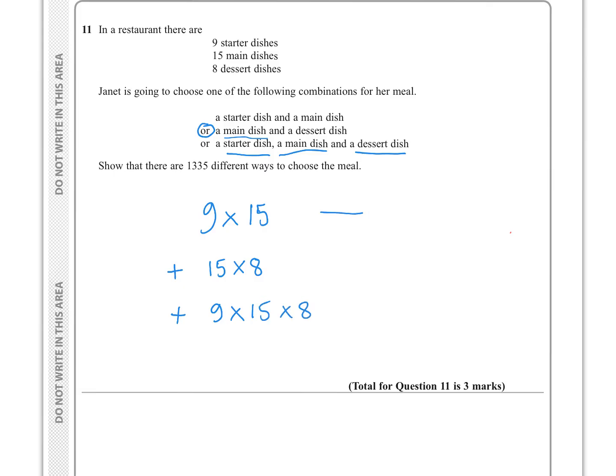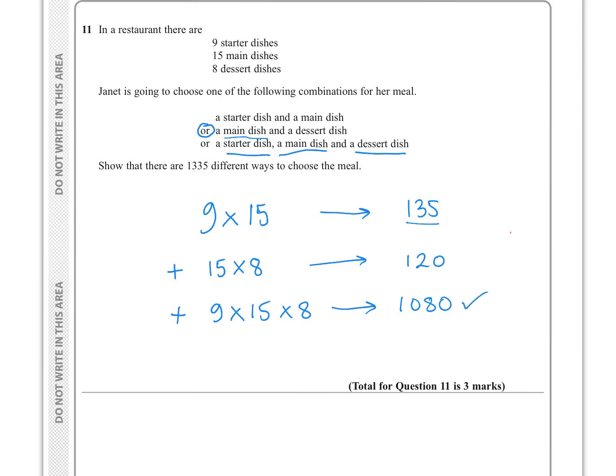So we're going to do this one first on the calculator, or you can do that in your head. So 9 times 15, that's going to be 135. 15 times 8, I know that in my head, so that's 120. And then we've got 9 times 15 times 8, so I'm just going to have that one, that's already in my calculator, and times it by 8, and that's 1080.